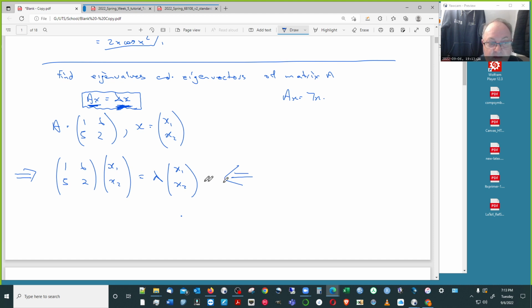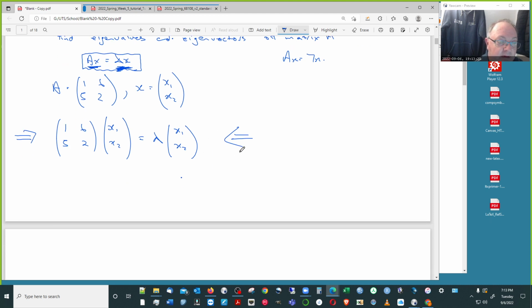Alright, now with most algebra, you're used to using operations to move these guys around, and so that's what we'll be doing. We'll be moving these guys around simply by using matrix algebra. So if we're going to move lambda x over to the left hand side, we do minus lambda x.